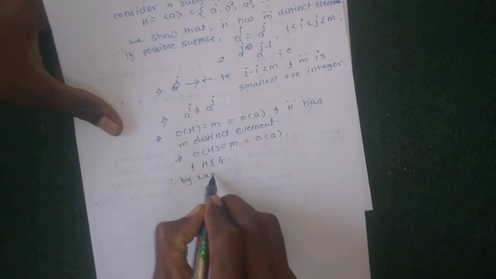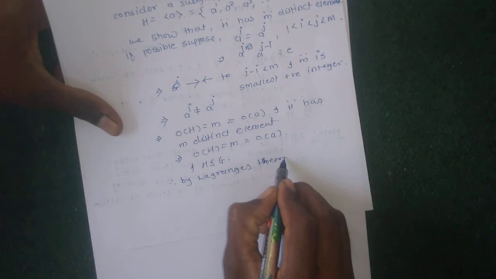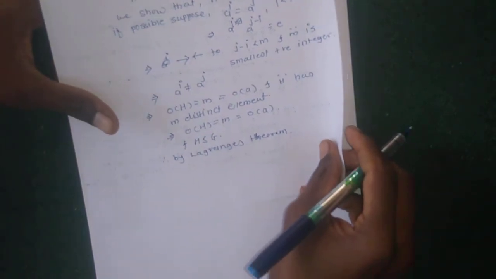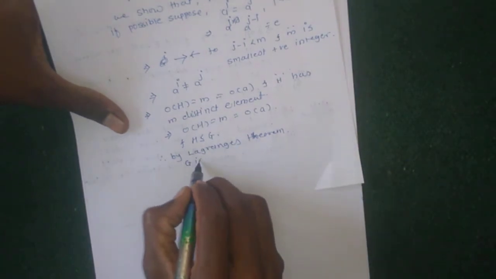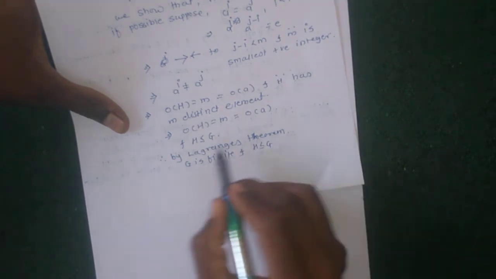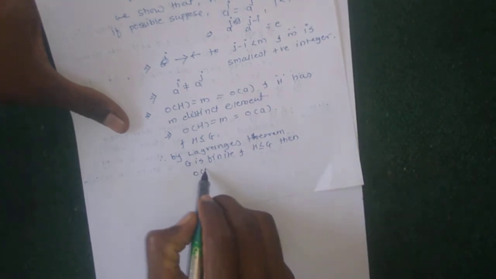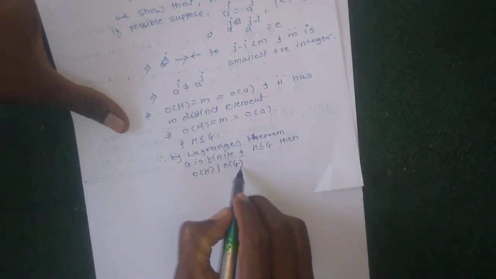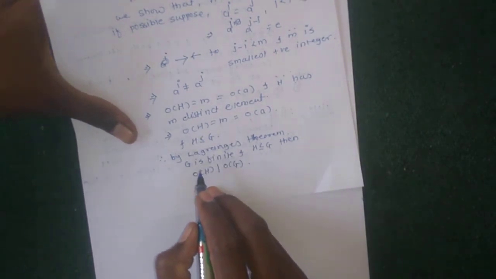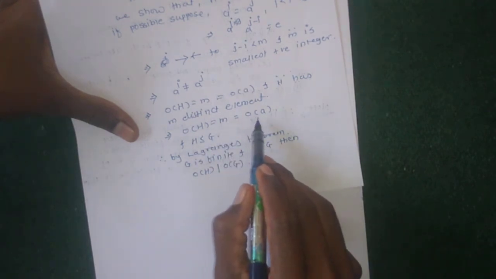Therefore, by Lagrange's theorem, which says that if G is finite and H is a subgroup of G, then the order of H divides the order of G. Here the order of H equals m, which is equal to the order of a.